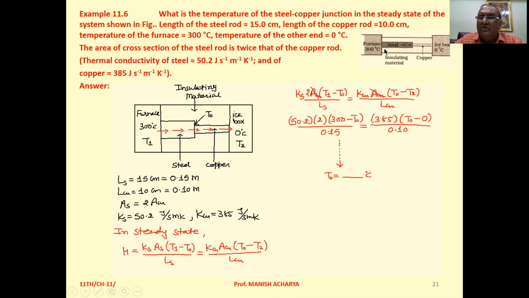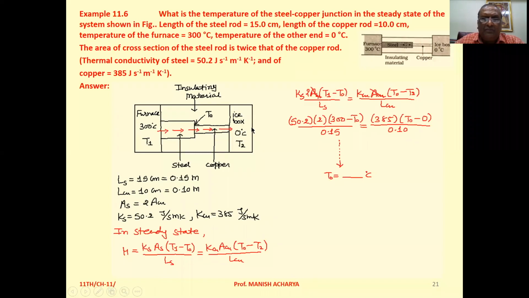One end of the steel rod is in contact with the furnace, which is at 300 degrees Celsius, and one end of the copper rod is in contact with the ice box, which is at 0 degrees Celsius.